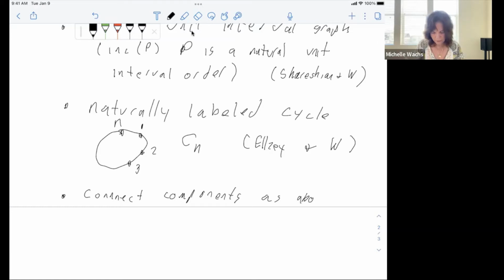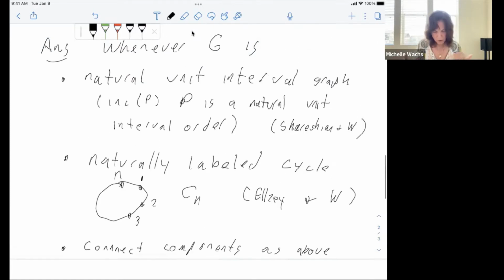If the connected components of a graph are one of these, then it's symmetric, because when you multiply together the chromatic quasi-symmetric functions of the components, you get the chromatic quasi-symmetric function of the graph. So we can really just talk about connected graphs.